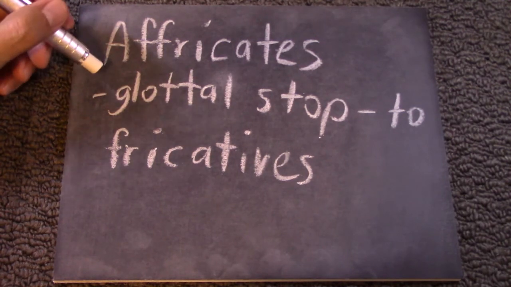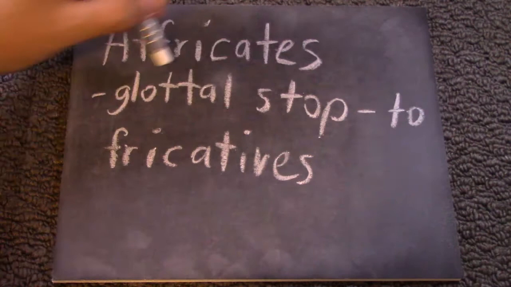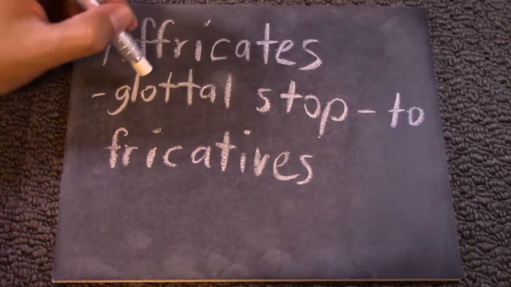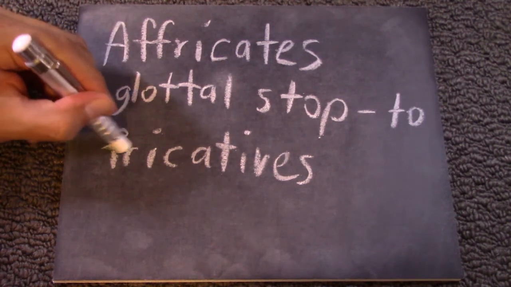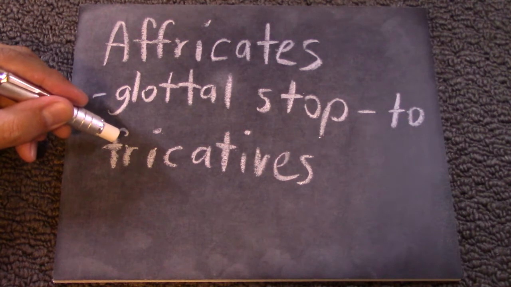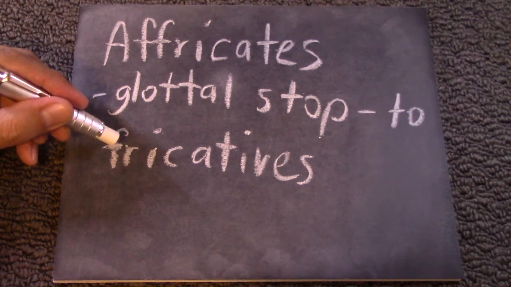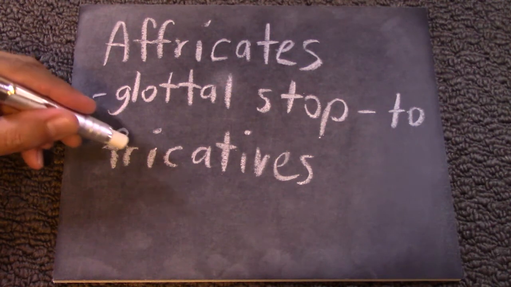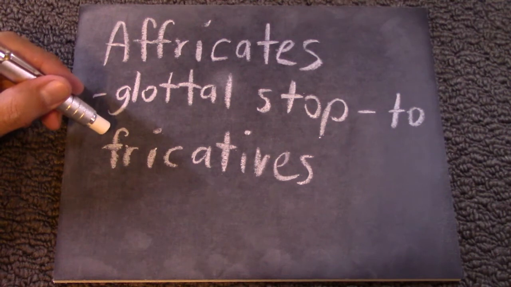So the first three letters that we're going to look at here are like this, where we're closing our glottis to start off, and then we're releasing the sound, and when we're doing that, we're kind of making our vocal tract a little bit smaller, and that constriction of your vocal tract causes the fricative sound.